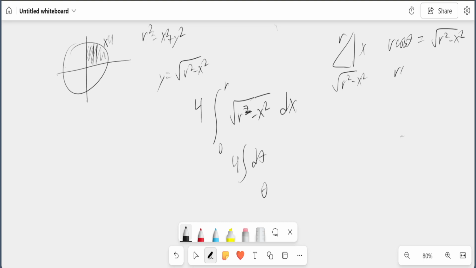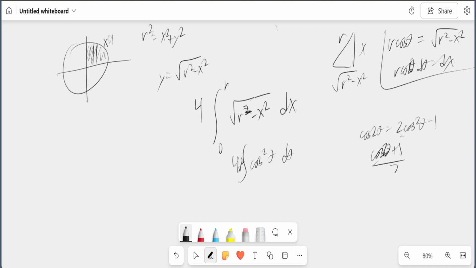And then r cosine theta d theta is also equal to dx. So there's our puzzle. And so this is 4r squared cosine squared theta d theta. Well, cosine 2 theta is equal to 2 cosine squared theta minus 1, double angle. So cosine 2 theta plus 1 over 2 is equal to cosine squared theta.